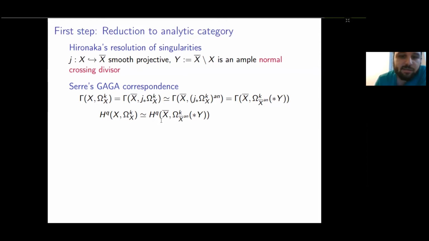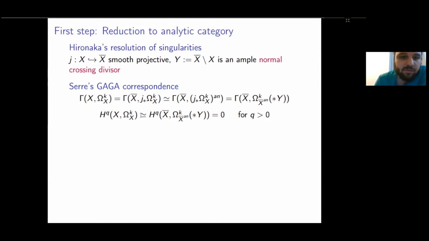In particular, this implies that the q-th cohomology group of this sheaf will be zero for q bigger than zero, right? This is true because the q-th cohomology group of the sheaf of differential forms over X is zero, because X is an affine variety and omega k is a quasi-coherent sheaf over X. This is a theorem due to Serre.